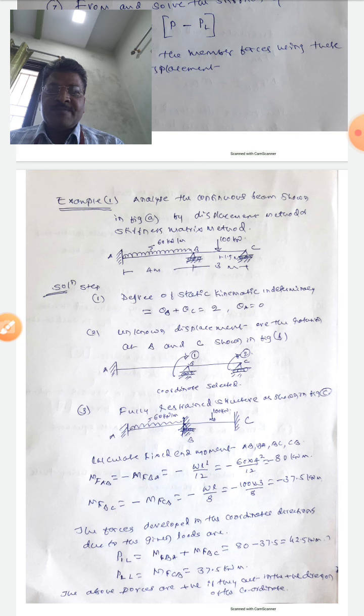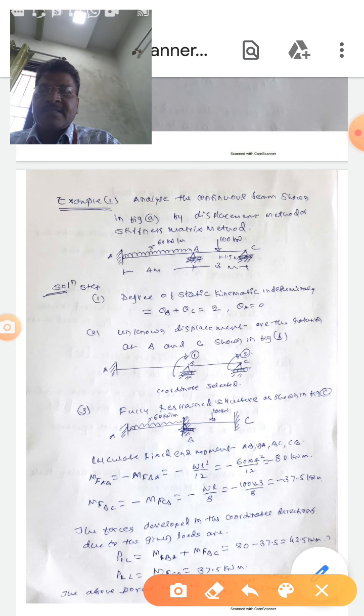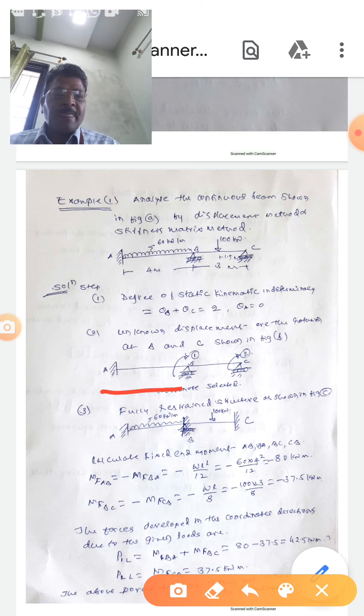Next step, point number 2, is the unknown displacements. The unknown displacements are the rotations at B and C, as shown in figure B. So this is the coordinate selected at B and C, that is 1 and 2.